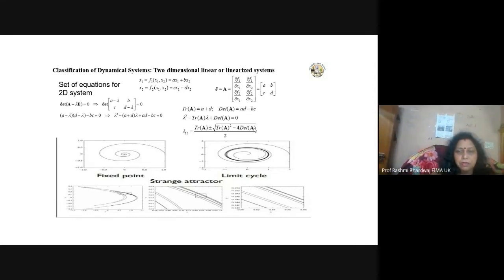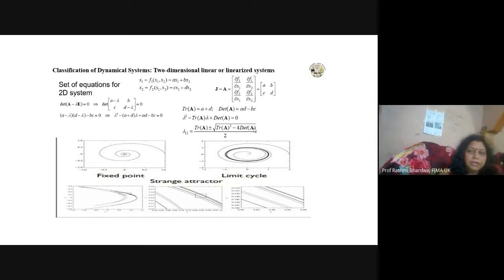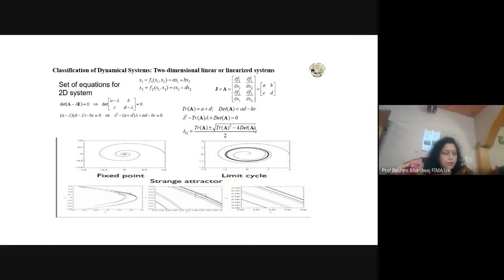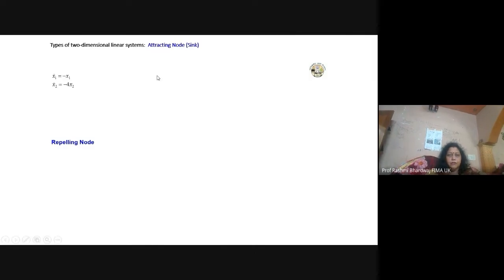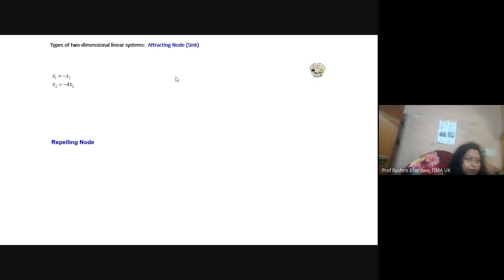And if trace A square is less than 4 determinant A, then you get a complex system or imaginary roots. Now how do we calculate it for finding the different types of behavior of the system?